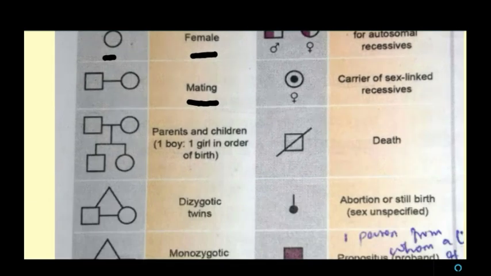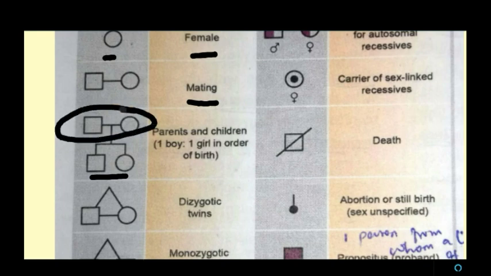If from that connected circle and square another branch is drawn, that indicates the offspring of that particular couple. These are parents and these are children, one boy and one girl child.